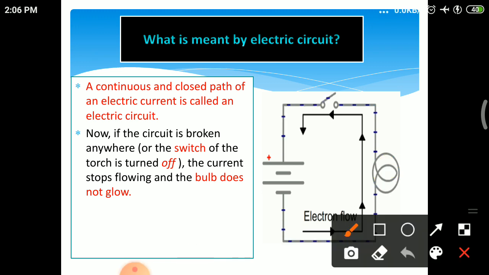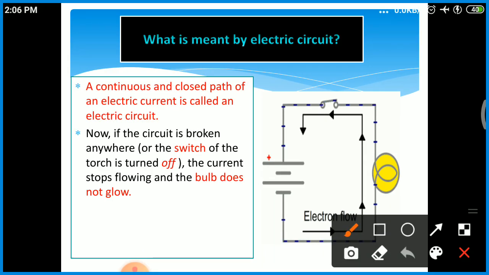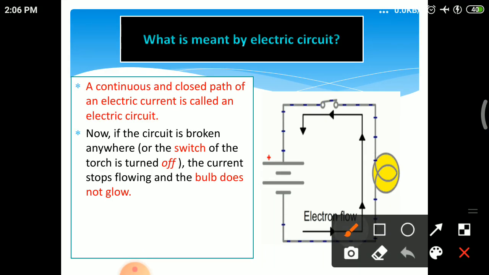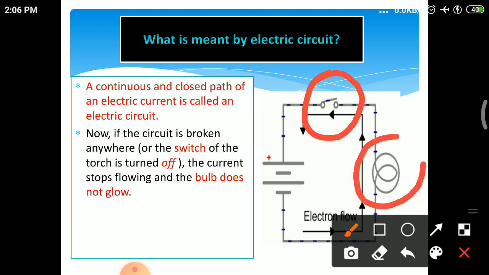See here, when the switch is closed, the electrons move and the bulb glows. When the switch is open, the electron movement stops and the bulb does not glow. So the electrons will flow when the path is continuous and closed.